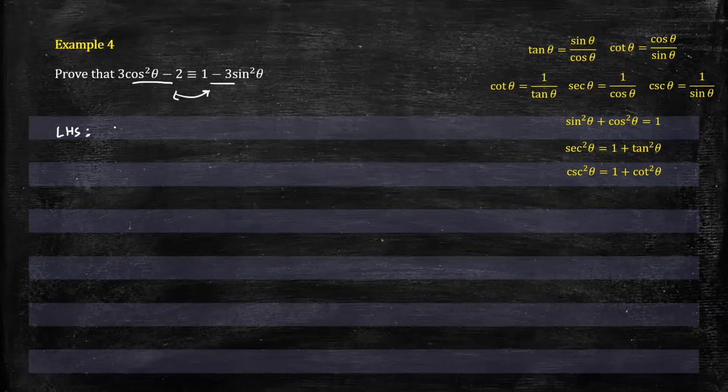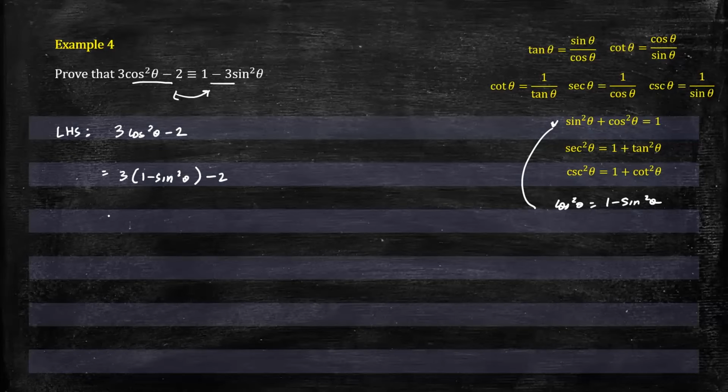So the left-hand side is 3 cos squared theta minus 2. And what we notice, cos squared theta, this rule on the left side, we can write cos squared theta as 1 minus sine squared theta.